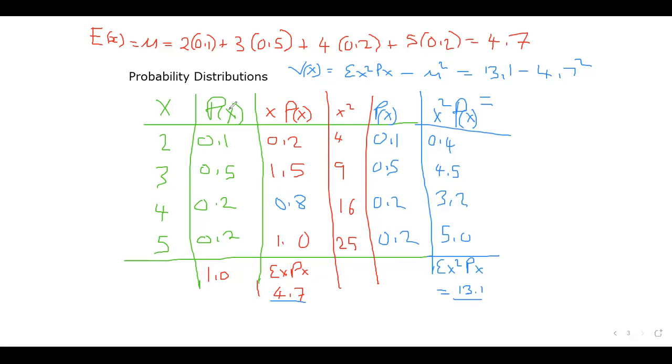That would be our mean, 3.5. So that's how we get the figures here. And how do we get the other columns? We squared here, we get 4, 9, 16, and 25. And just bring back the probability here.